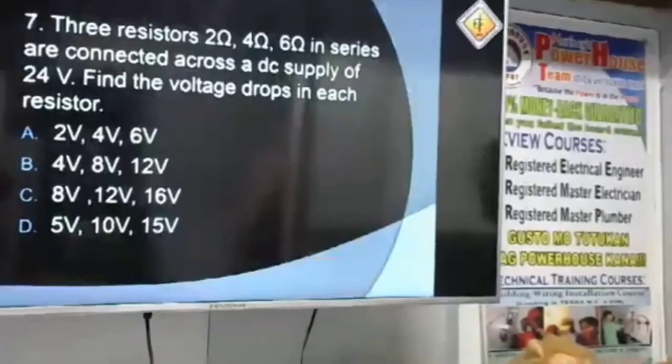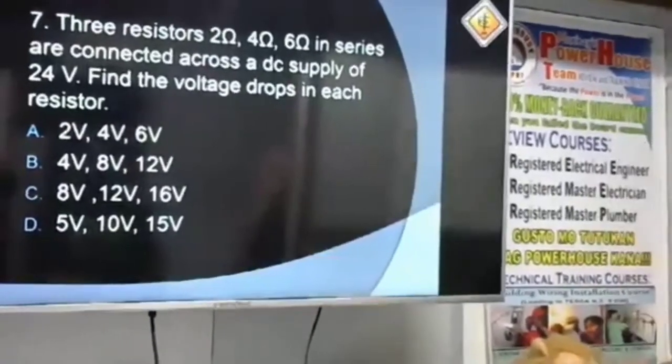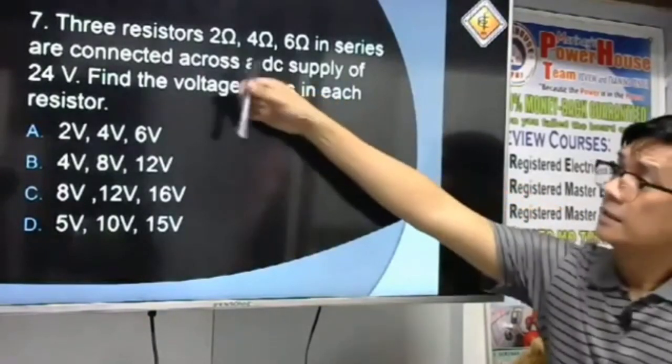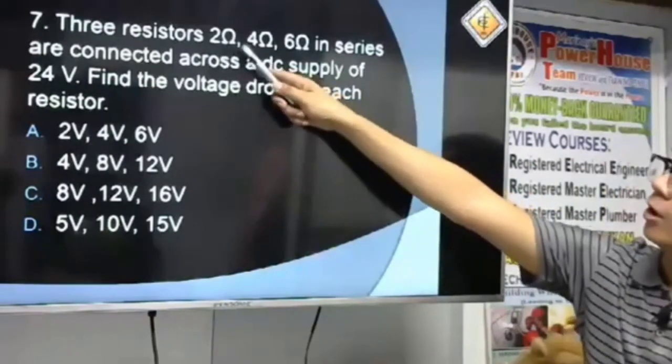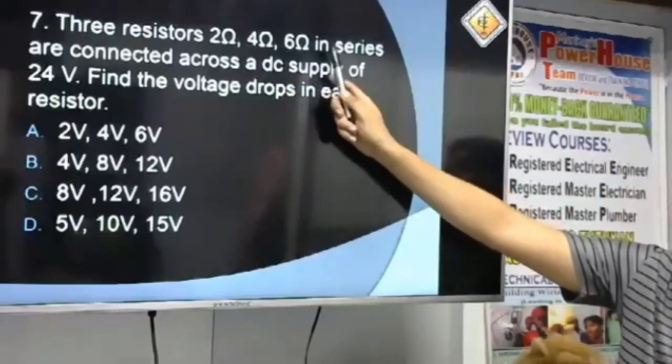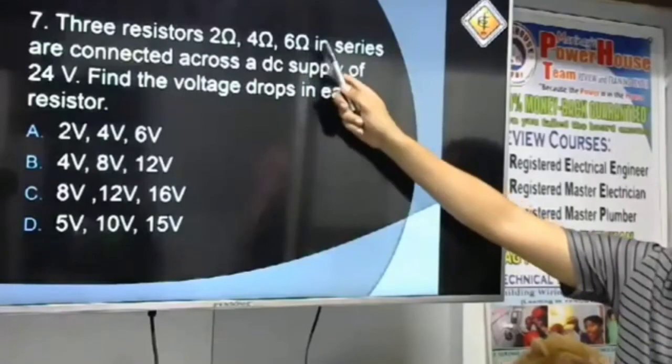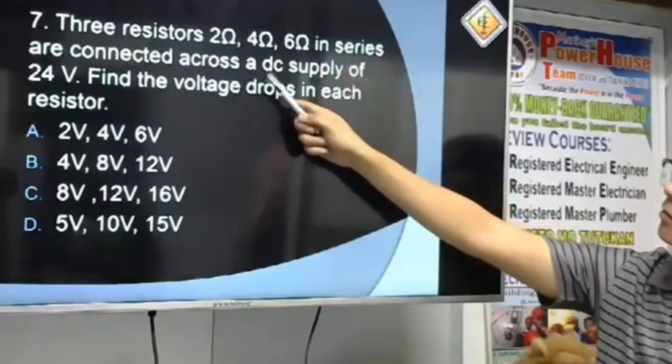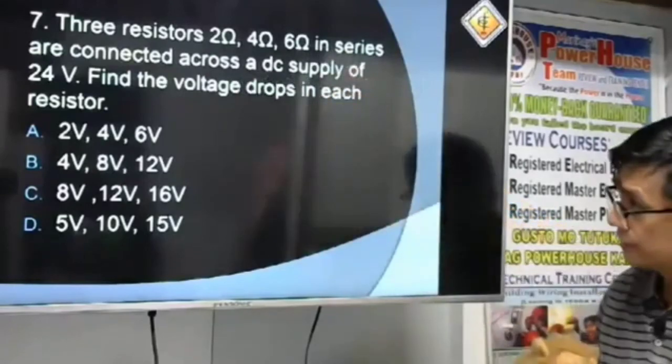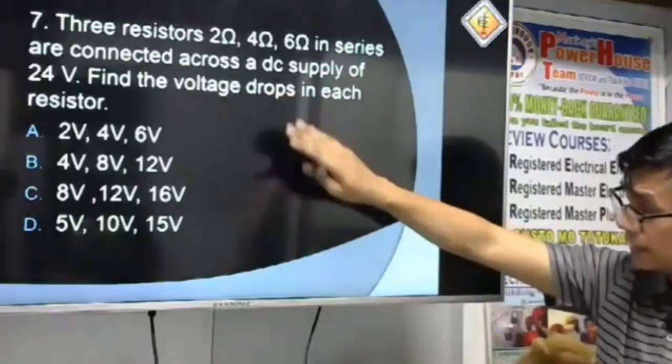Let's solve number 7. Problem number 7. It says three resistors, 2 ohm, 4 ohm, 6 ohm are in series connected across a DC supply of 24 volts. Find the voltage drops in each resistor.